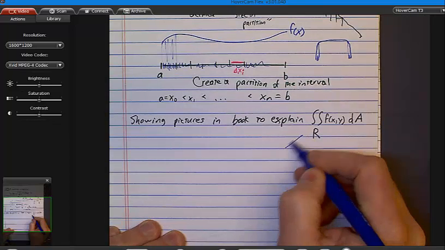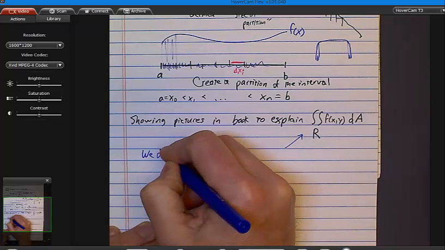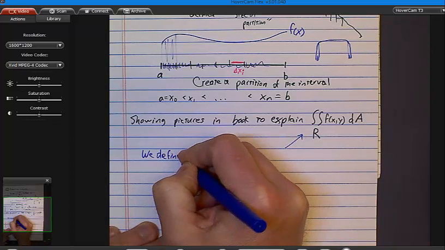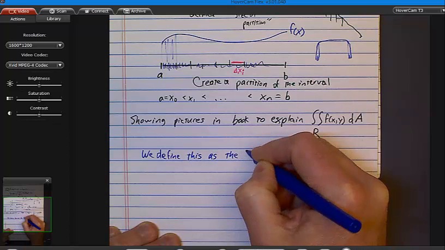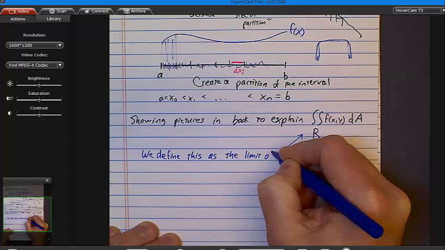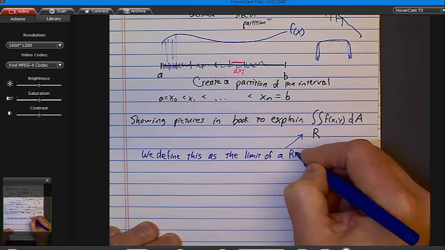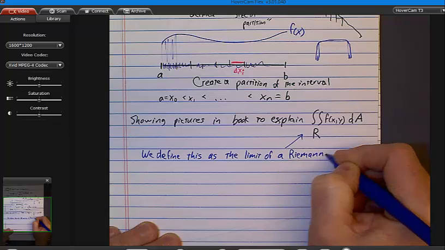So we define this as the limit of a Riemann sum.